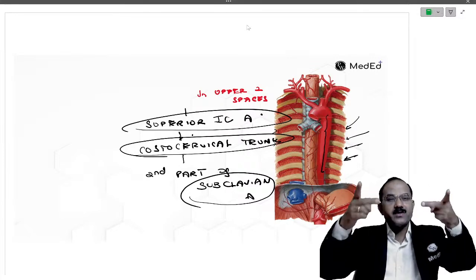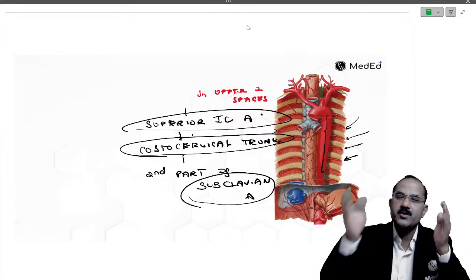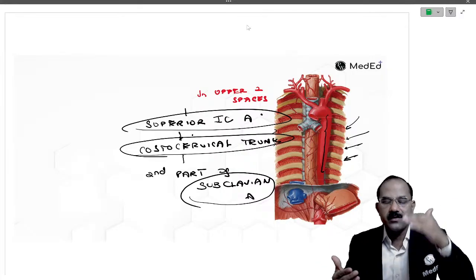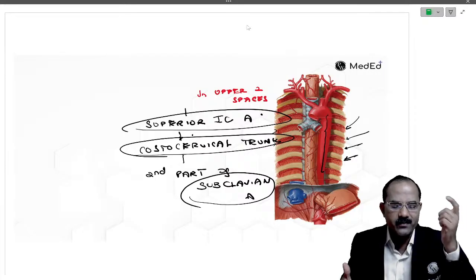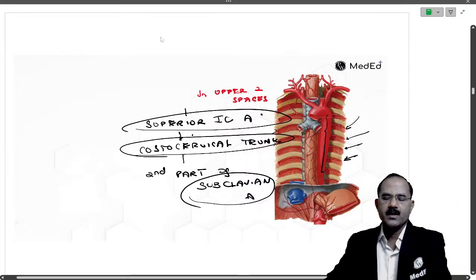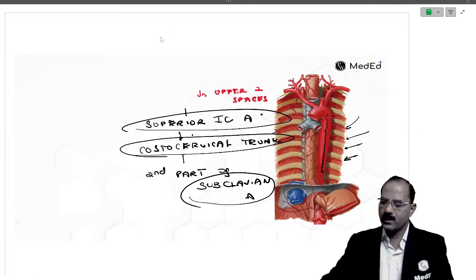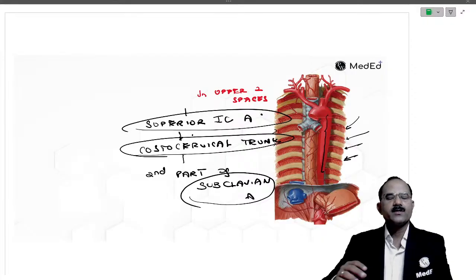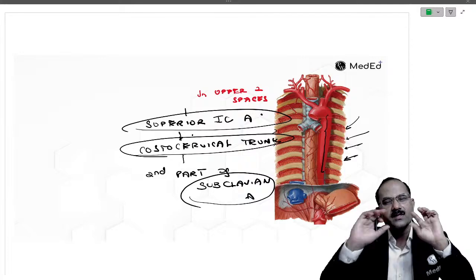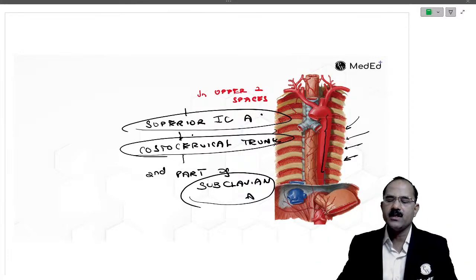In the upper two spaces, these are branches of the superior intercostal artery, which is a branch of costocervical trunk, which is a branch of second part of subclavian artery. Is this clear to all of you? Okay, so that's about the intercostal arteries. The anterior and posterior intercostal arteries are going to anastomose with each other.